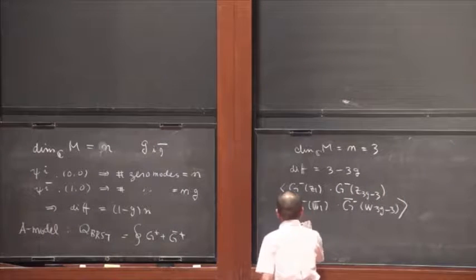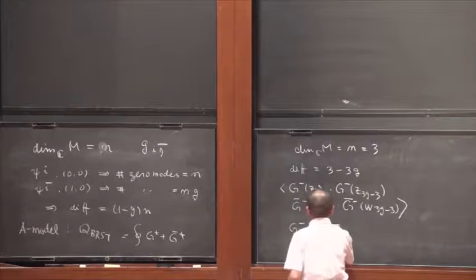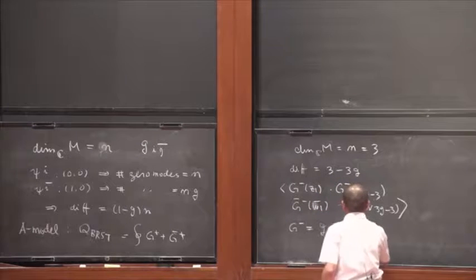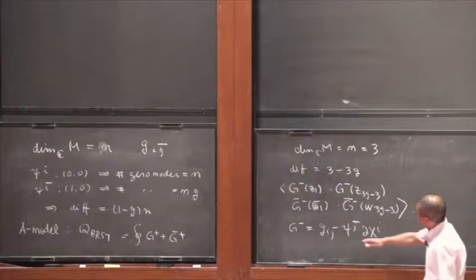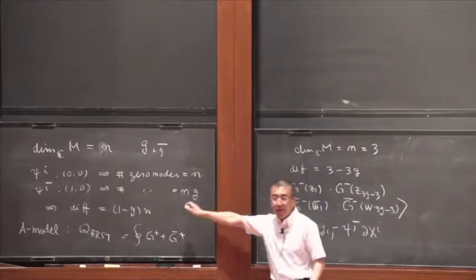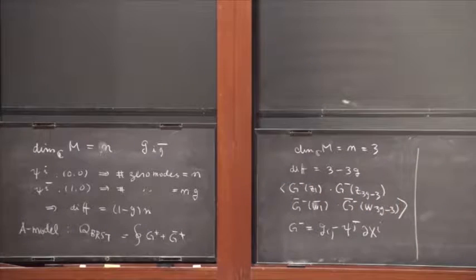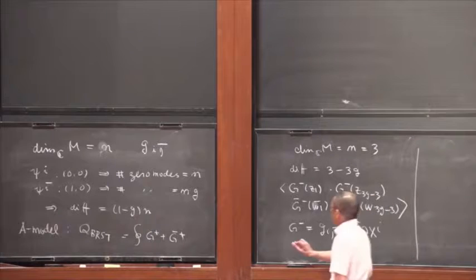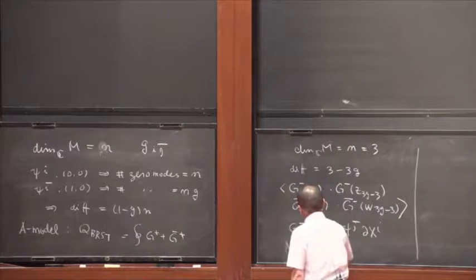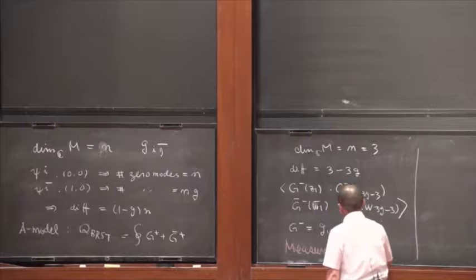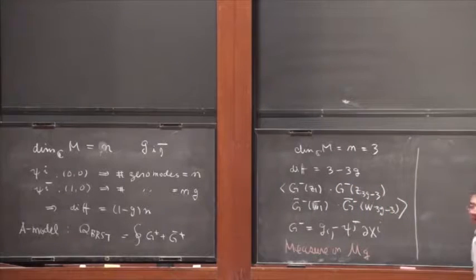For example, I remind you, G minus is G_{i j bar} psi j bar del of xi. So this soaks up exactly the right number of zero modes. What's special about this is that this turns out to give you the measure on the moduli space of genus G Riemann surface. So this is something that you can integrate over the moduli space.